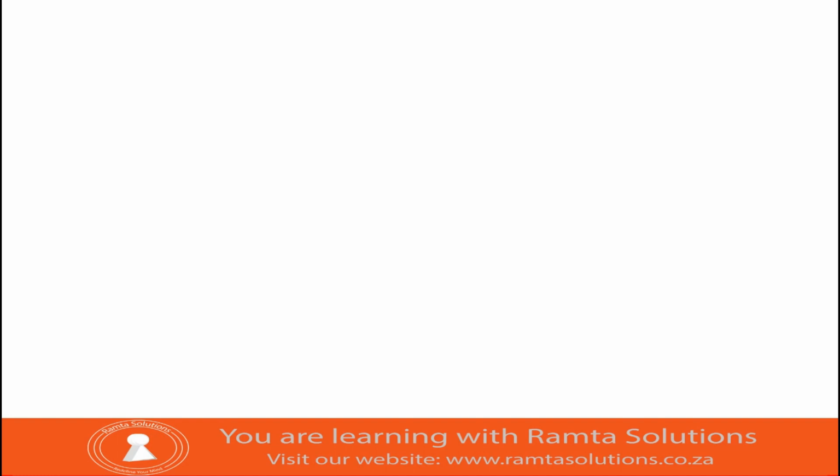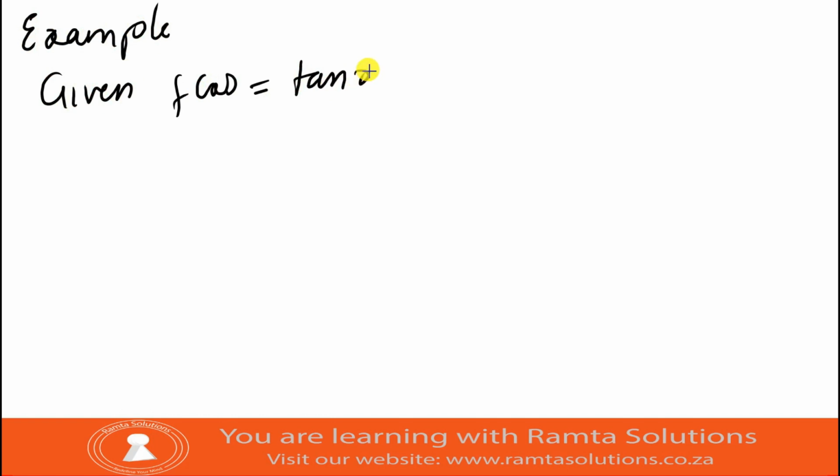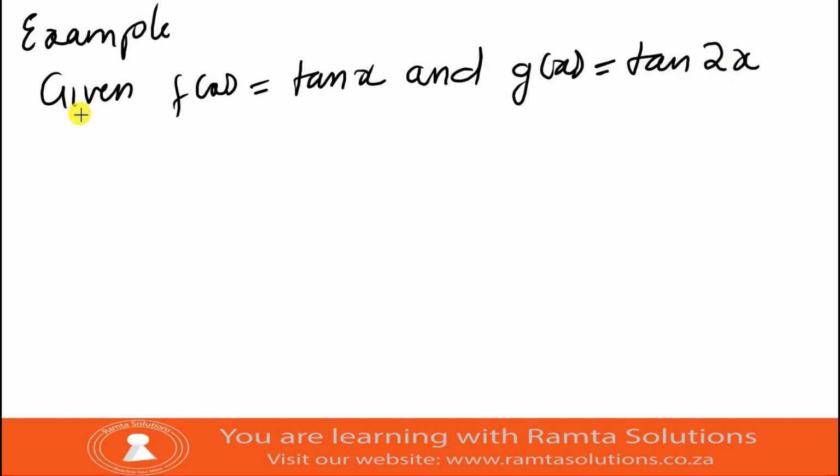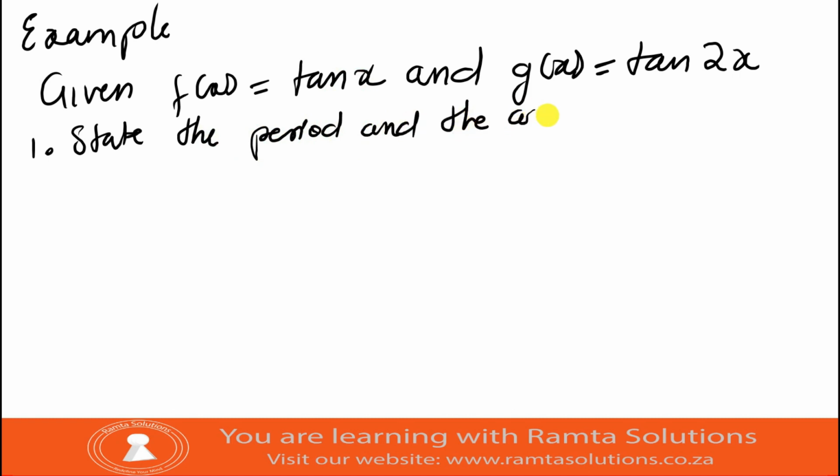Example: given f of x equals tan x and g of x equals tan 2x. One, state the period and identify the asymptote.